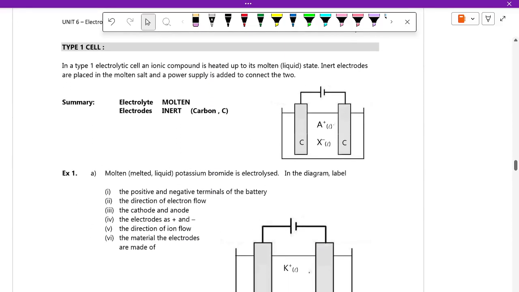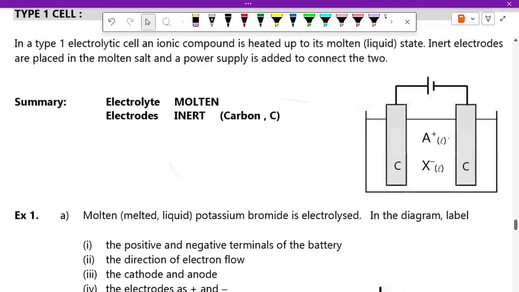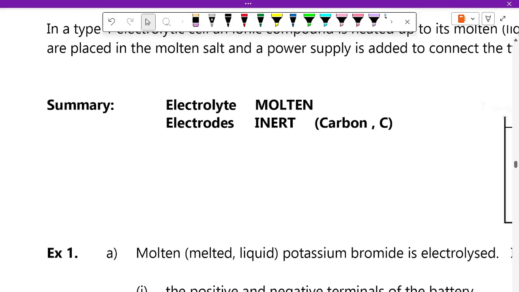Okay, so our type 1 cell was that first type of cell that we looked at where we had our electrolyte, which is usually our salt. And in that case, it is molten, in other words, melted liquid.